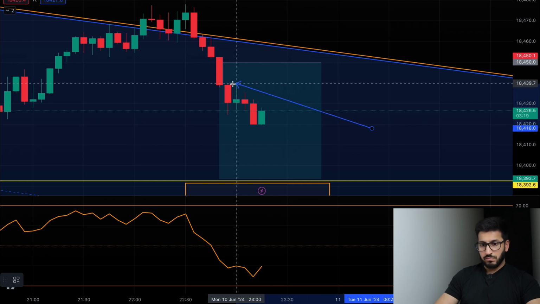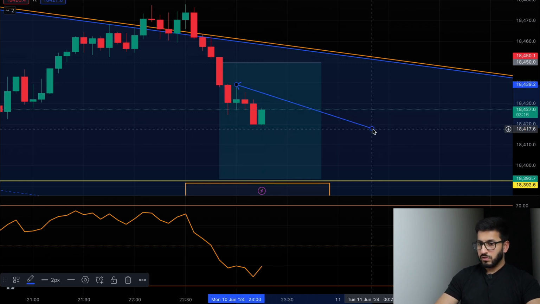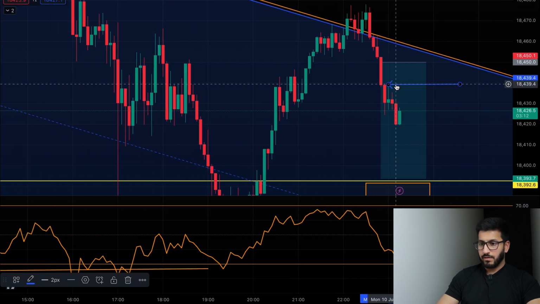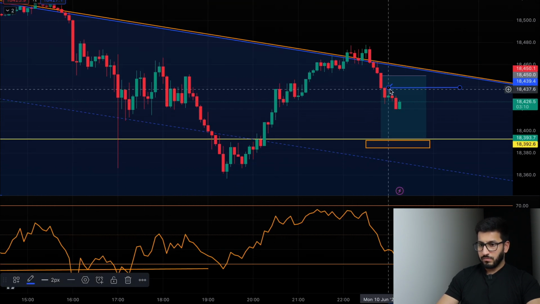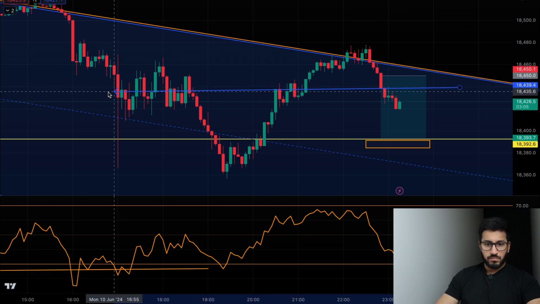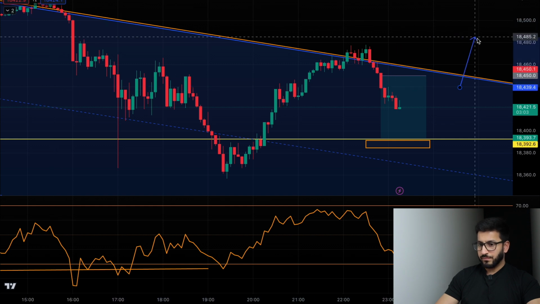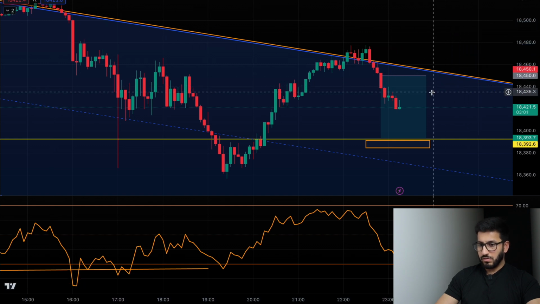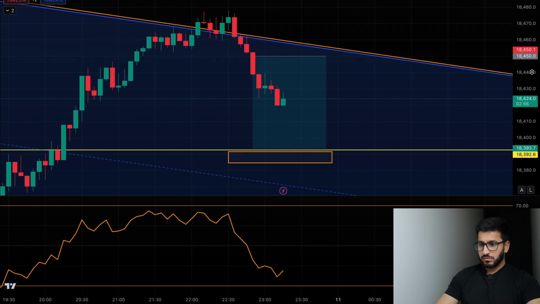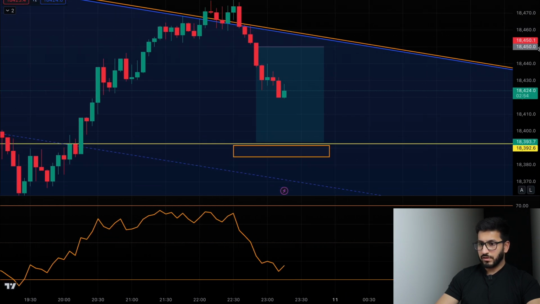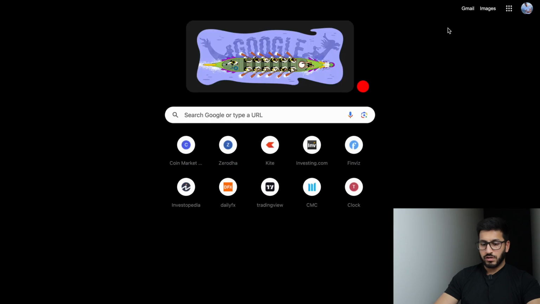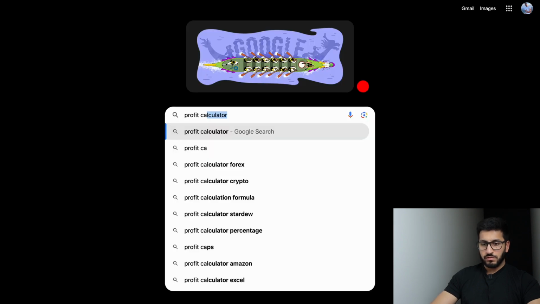So this is my stop loss. It's going to be right here. I'm going to take it there. Yep. If the price comes above this zone, then I'll just close the trade. Take whatever I've got. I'll just show you something cool.